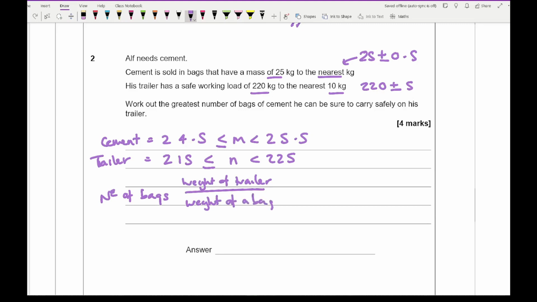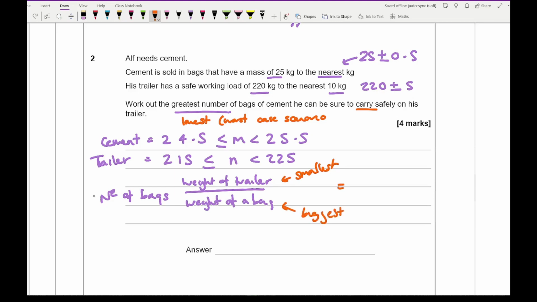Now, because we want the greatest number, we need the greatest fraction. So that's going to be where, or the greatest number that we can safely carry. So that's going to be the lowest. So here then we want the lowest, which is the worst case scenario. So here we want this to be the smallest and this to be the biggest.